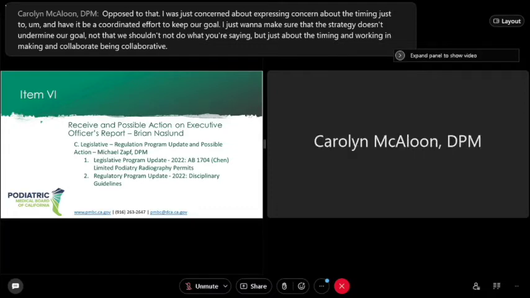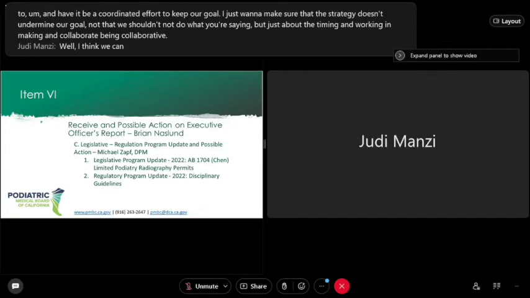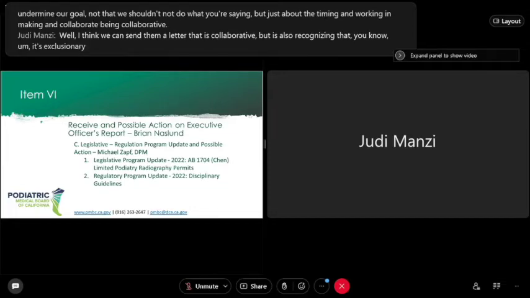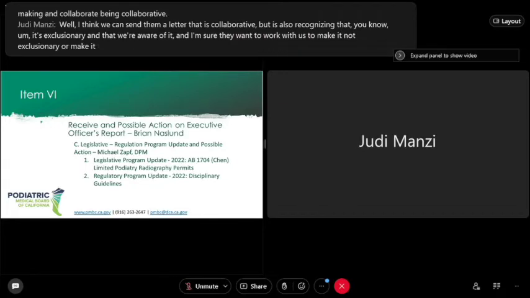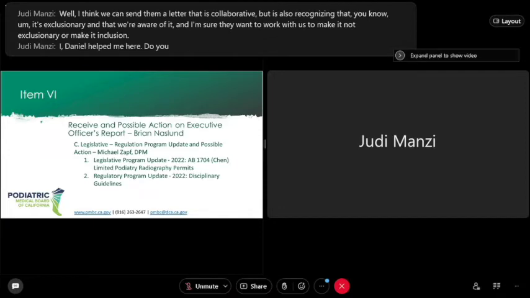Well, I think we can send them a letter that is collaborative, but is also recognizing that it's exclusionary. And that we're aware of it, and I'm sure they want to work with us to make it not exclusionary or make it inclusionary. Daniel, help me here. Do you think this is reasonable?